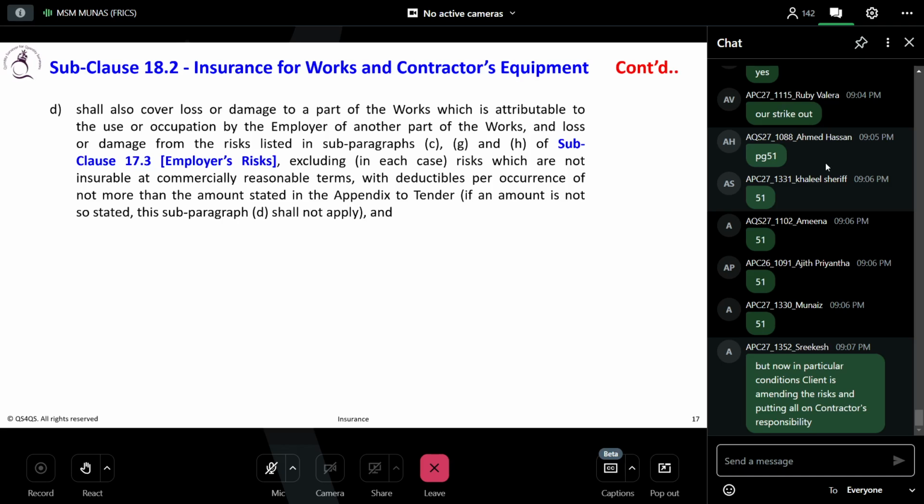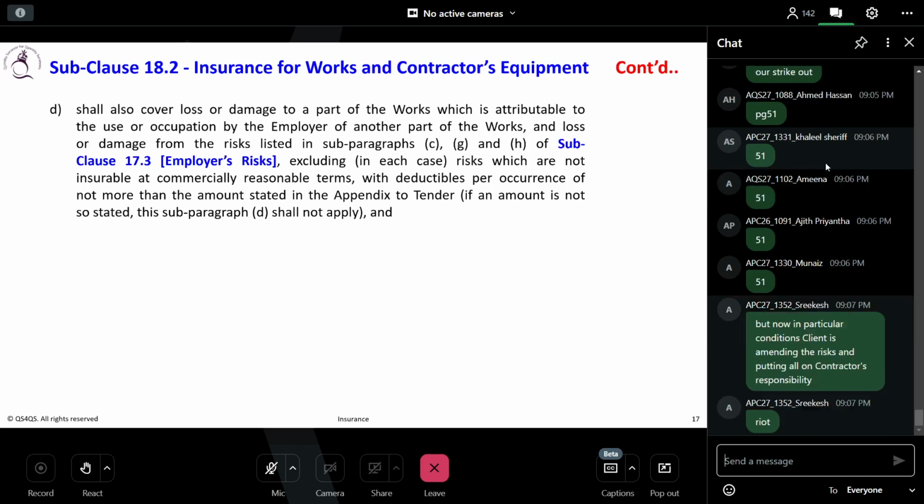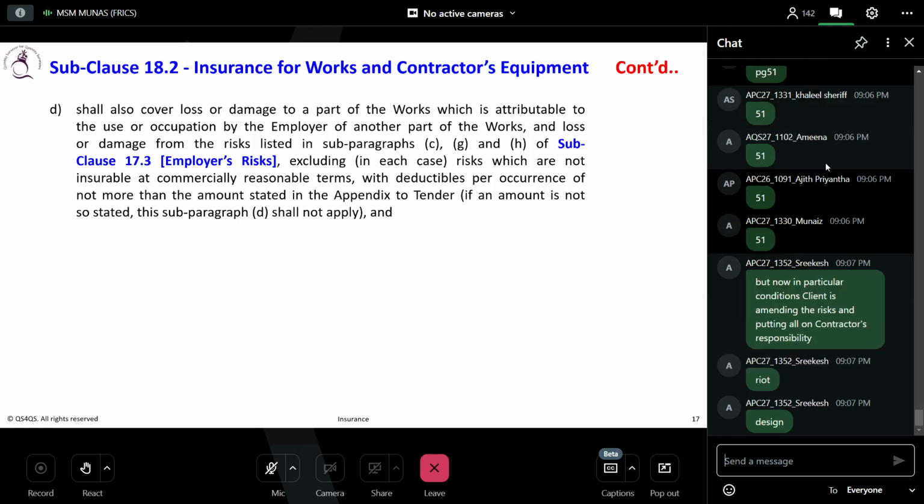What is the C? And what is the G? What is the H? You can see. It's riot, mutiny, design of any part of the works by the employer, and the H, any operation of the forces of nature which is unforeseeable. Okay.